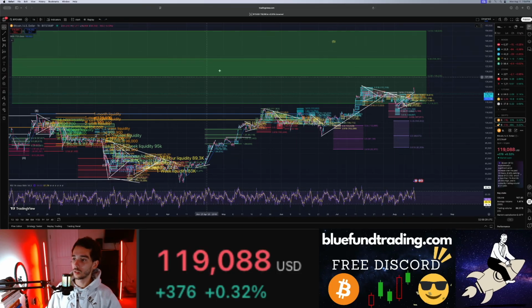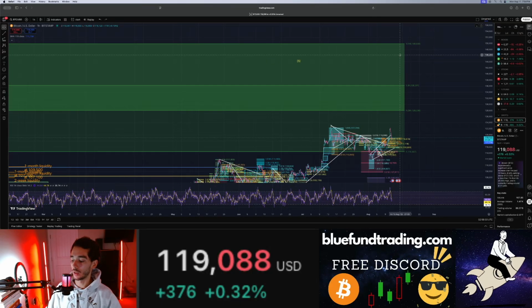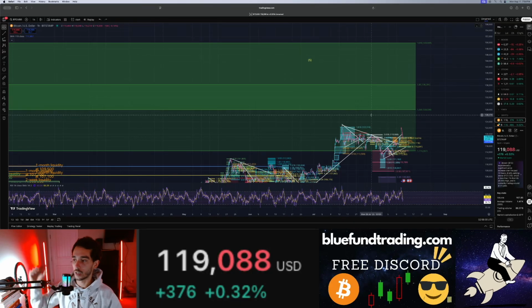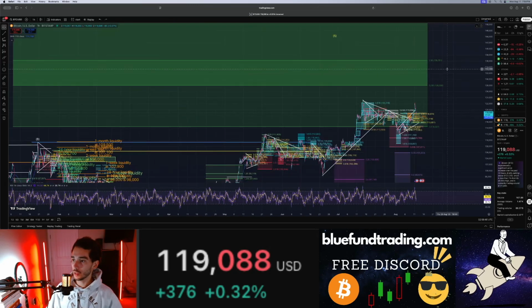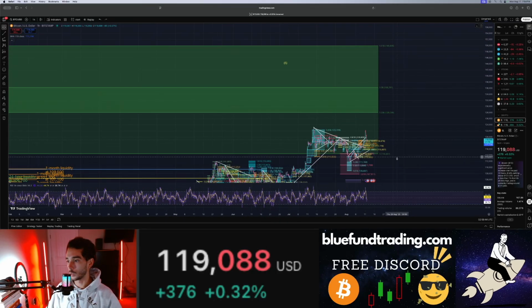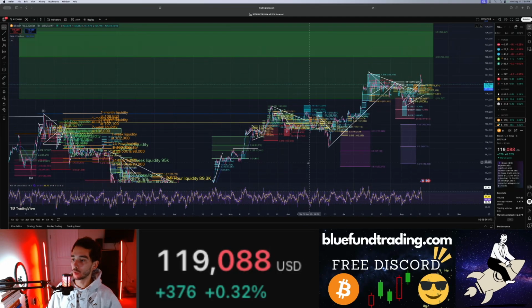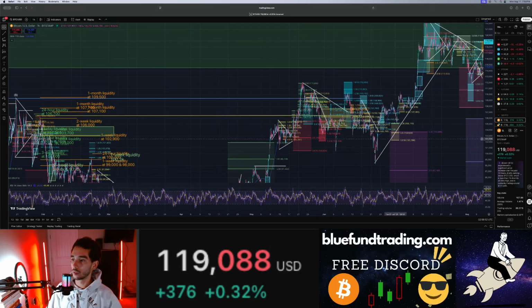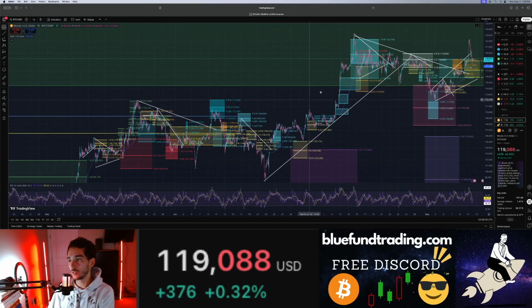So within these extensions, I like to use these specific fib levels as areas to start shaving off the position. But in the bigger picture, if the extension, just like I did there, is showing that the price can go anywhere from between 115 to 150K, then I am looking for fluctuations in the short term, or actually in the medium term, that could potentially lead to higher prices.